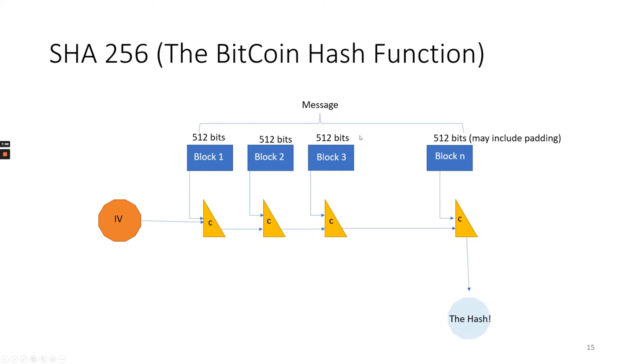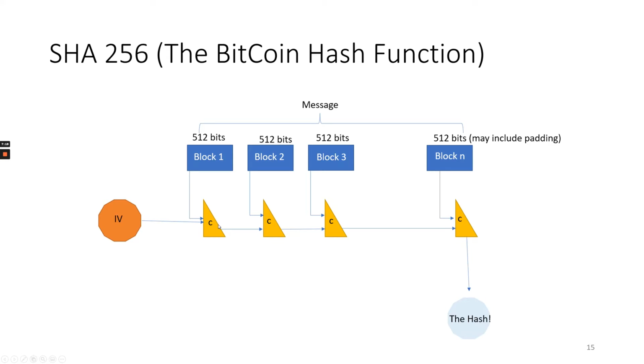Now that we have all these blocks, we're going to do things one by one. First, we'll have a constant 256-bit value called an IV. We take this constant value, combine it with the first block, and run it through a function C, which gives us some sort of output.